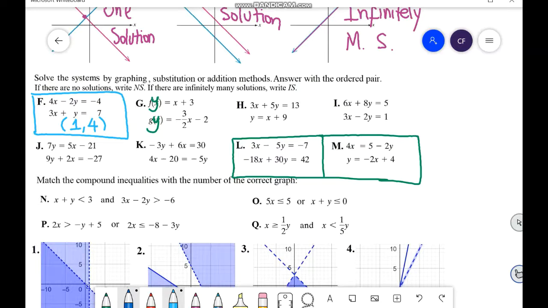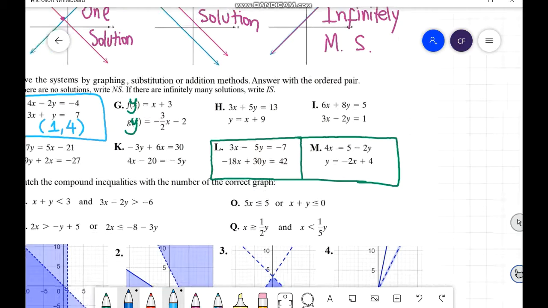That's it. That's the same thing you're going to do for G, H, I, J, and K. For L, let me just fix this again. L and M are a little bit different because they will have no solution or infinitely many solutions.